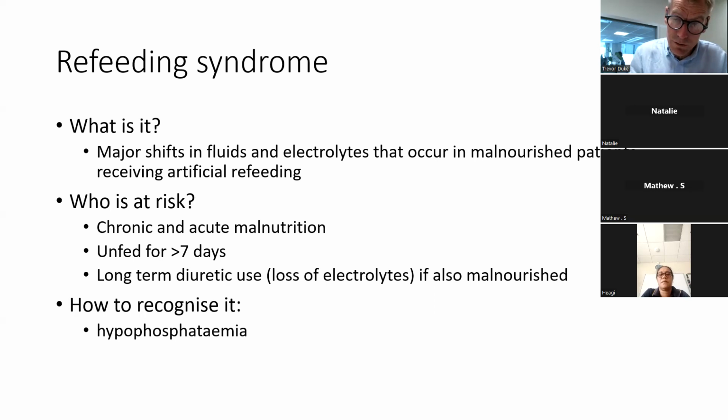So phosphate, magnesium, and potassium are the 3 electrolytes that typically go low. And then there are some vitamins that are lost as well. Thiamine is the one.